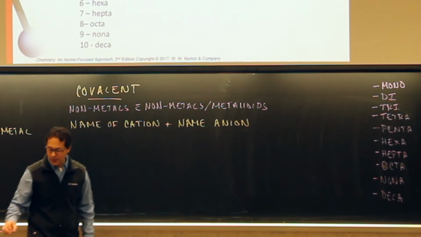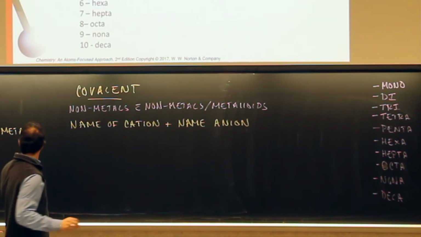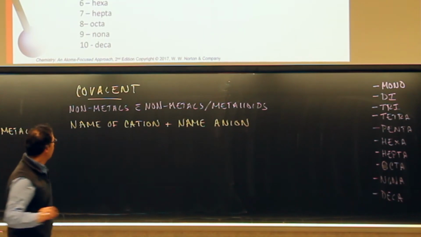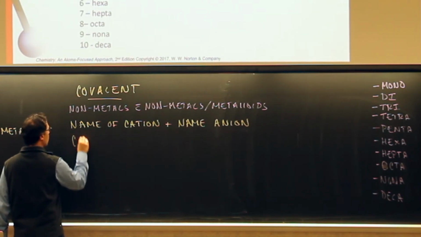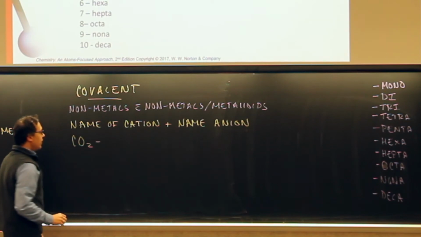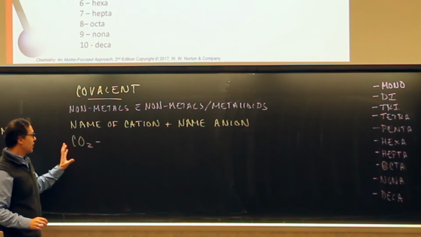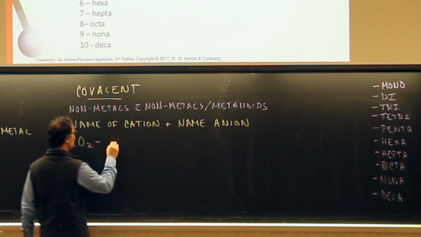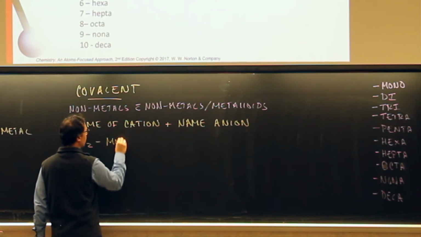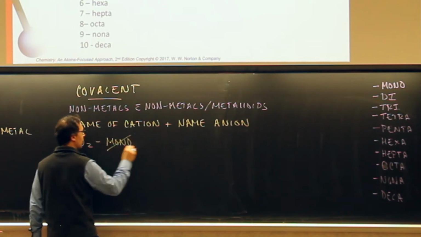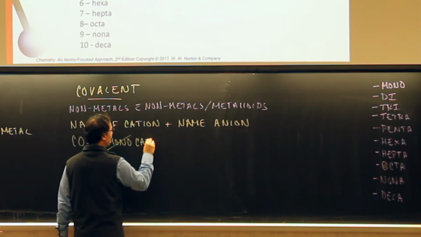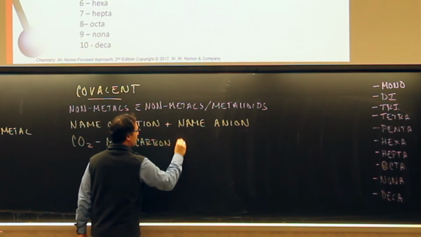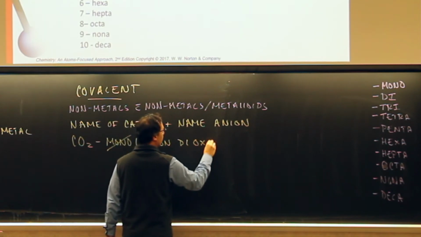So for example, if I have CO2, this is not monocarbon dioxide. I'm going to cross out mono, carbon dioxide.